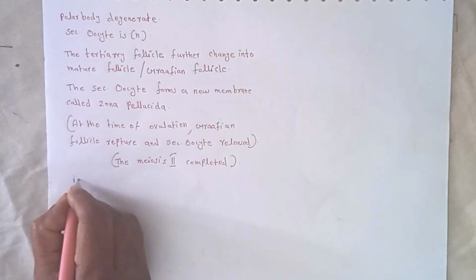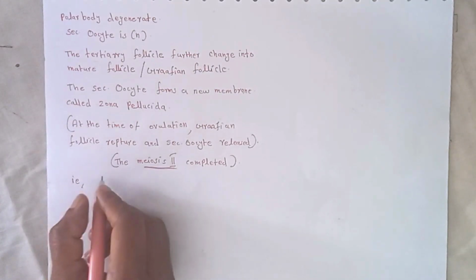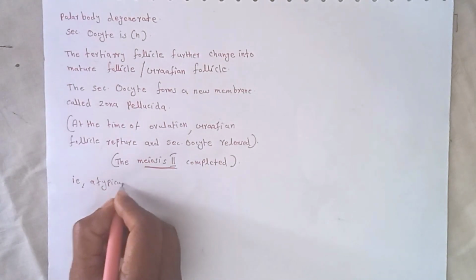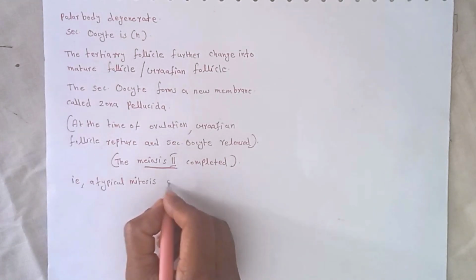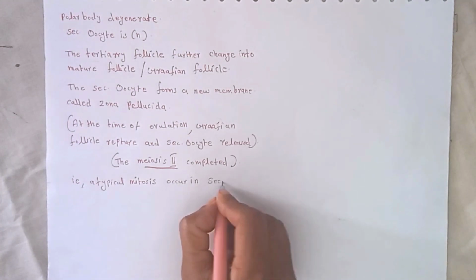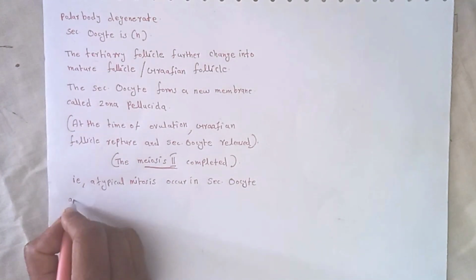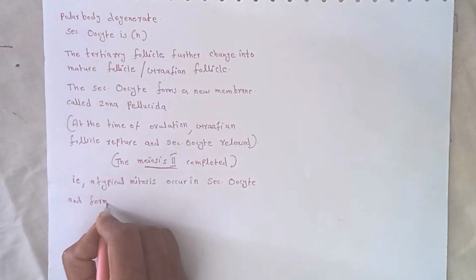That is, meiosis 2 means an atypical mitosis occurs in the secondary oocyte and forms a secondary polar body and a haploid ovum.